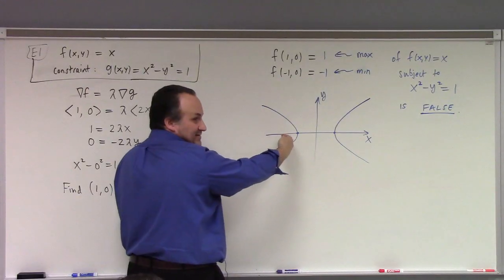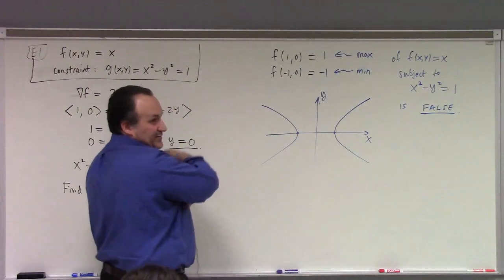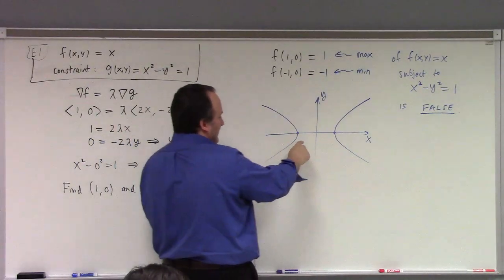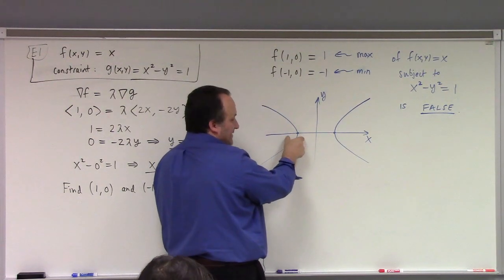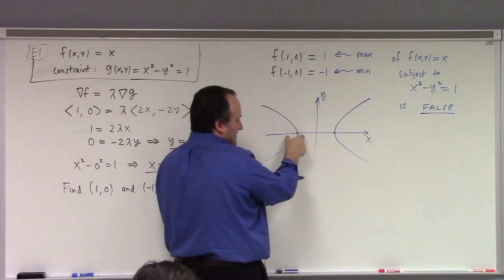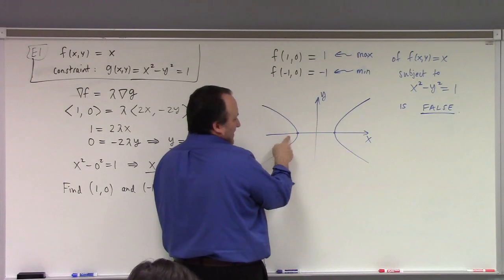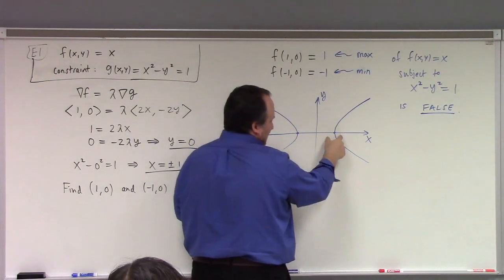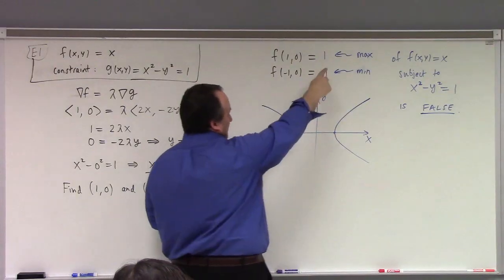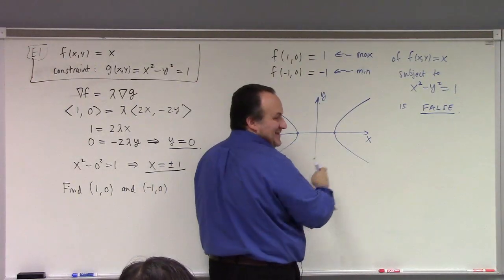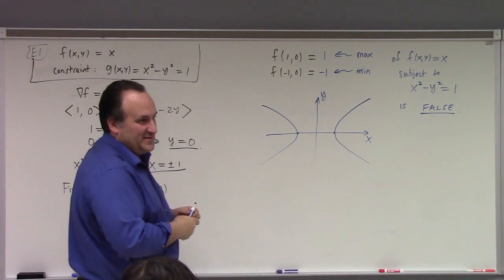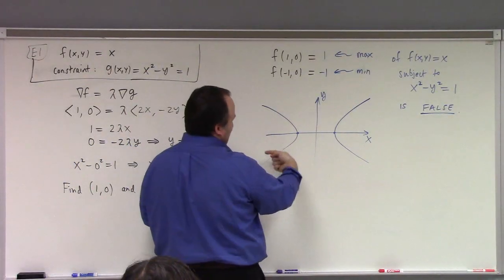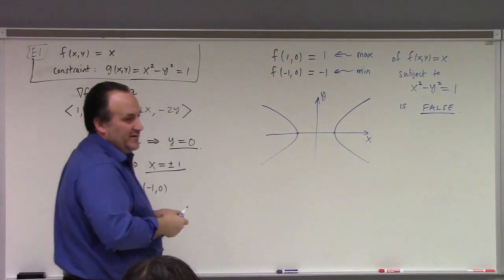How small does x get? As small as we want, right? It's just a coincidence that these points are special. Actually, this one is a local minimum in some sense, subject to the constraint curve, and this is a local maximum subject to the constraint curve. It's very deceiving.